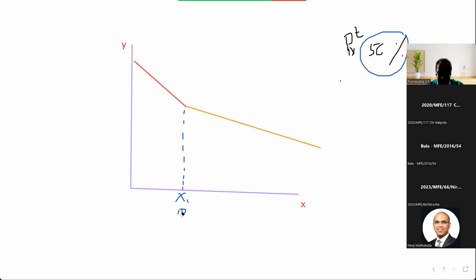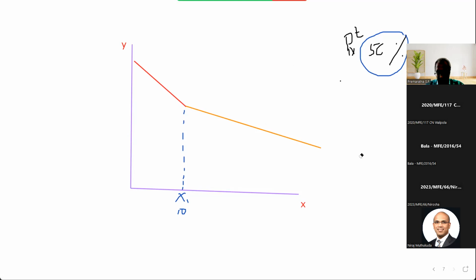After you buy more than that, half price applies and the budget line is like that. So whatever policy is introduced, something happens to the budget line accordingly, and you have to understand it to analyze the effect of the policy changes.